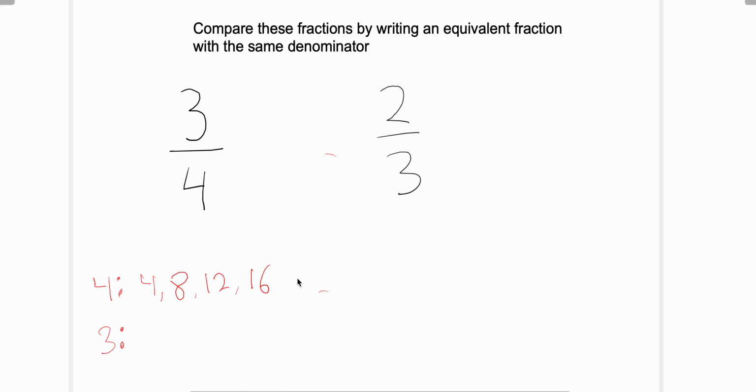Okay, you can keep going, but let me just start doing some of the 3s, because I can already see that there is a common multiple already. Okay, so we got 3, 3 more, 6, 3 more, 9, 3 more, 12. So I can already see that there is a common multiple of 12.